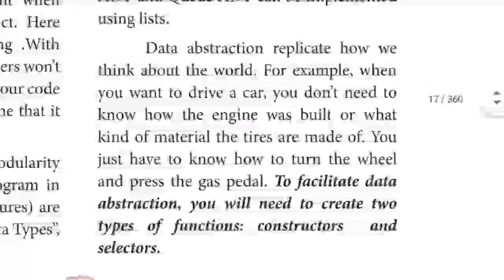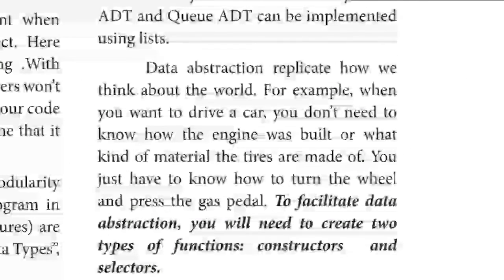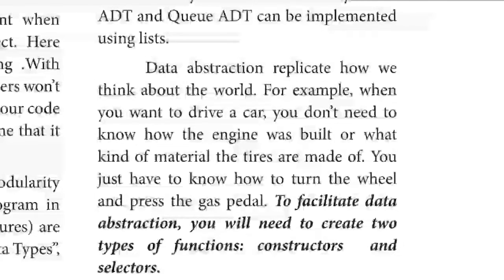Data abstraction replicates how we think about the world. For example, when you want to drive a car, you don't need to know how the engine was built or what kind of material the tires are made of. You just have to know how to turn the wheels and press the gas pedal.